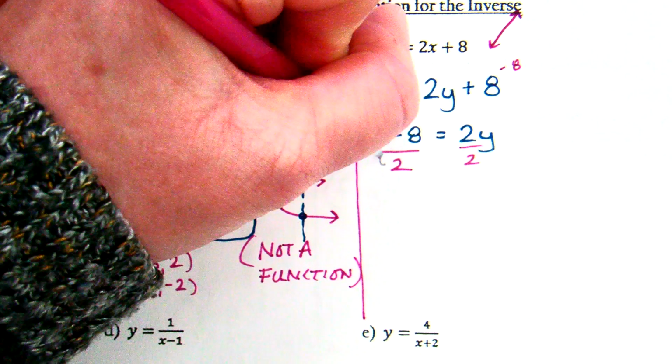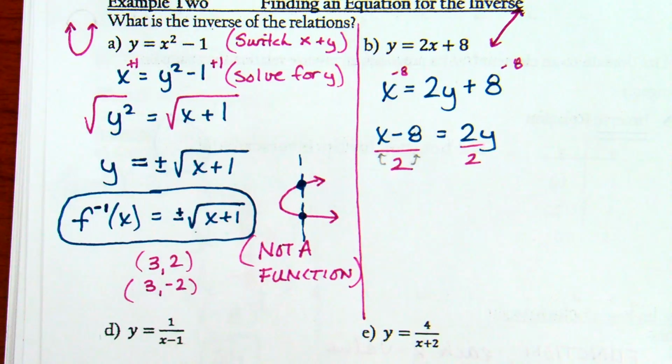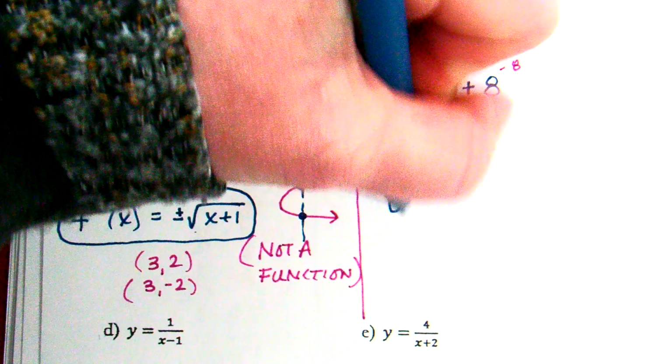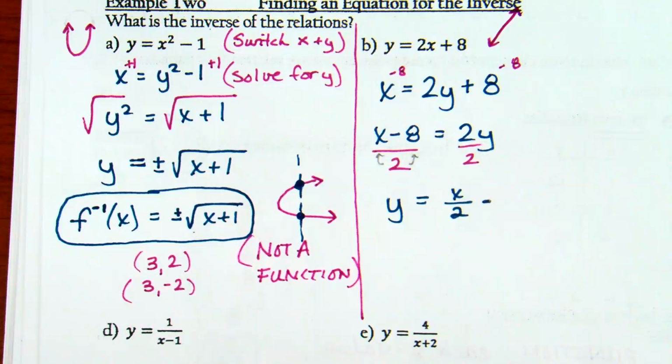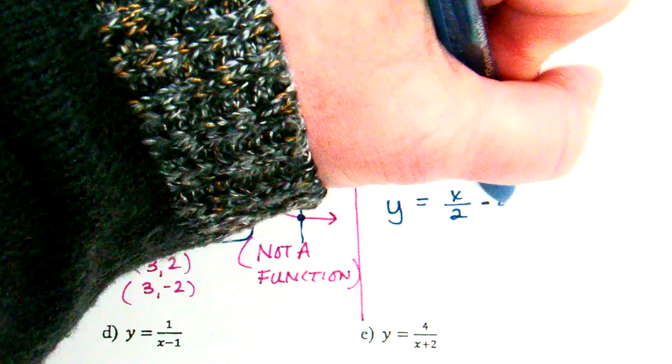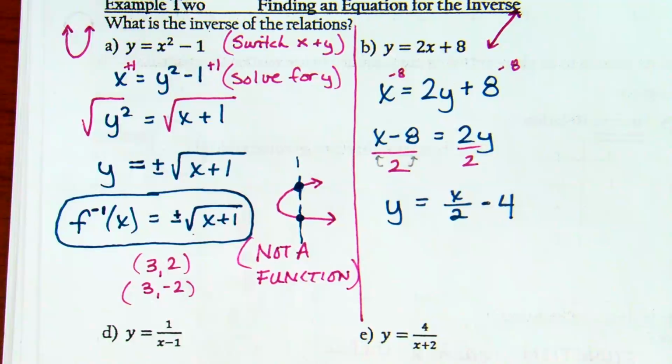Rather than just put it as one big fraction, that 2 can also go with each piece, right? If we divide that 2 into each piece, 2y divided by 2 is y, then we could also write this as x over 2 minus, what is 8 over 2? 4. And so you could also write it as something like that.